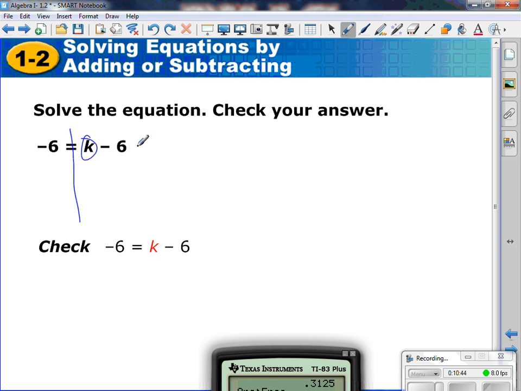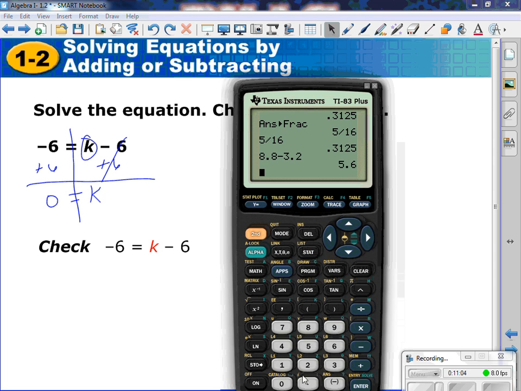Plus 6 on both sides. What's negative 6 and positive 6? 0. Equal still means equal. K still means K. Negative 6, positive 6 is 0. That's simplified out. So K is 0 minus 6, which gets me negative 6.